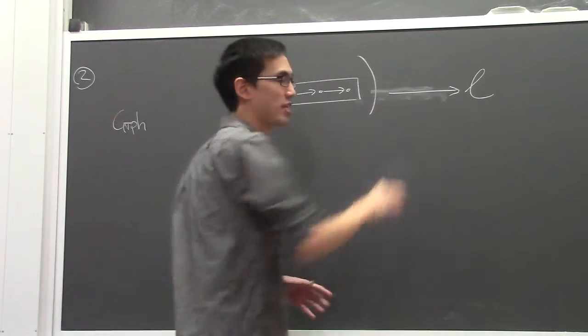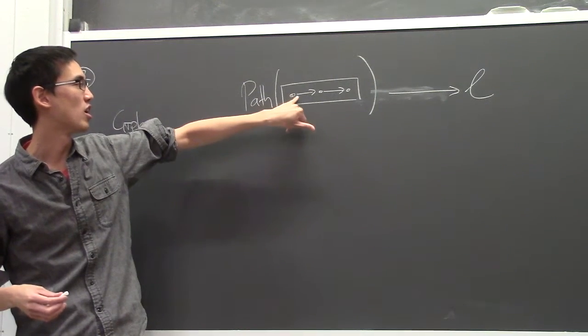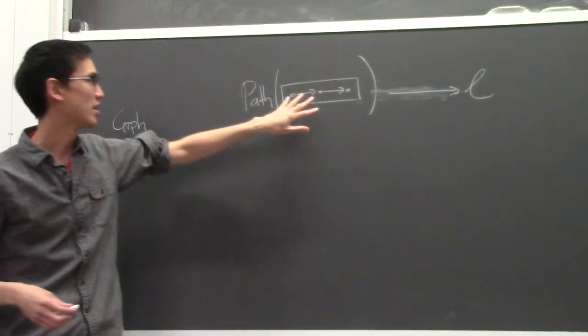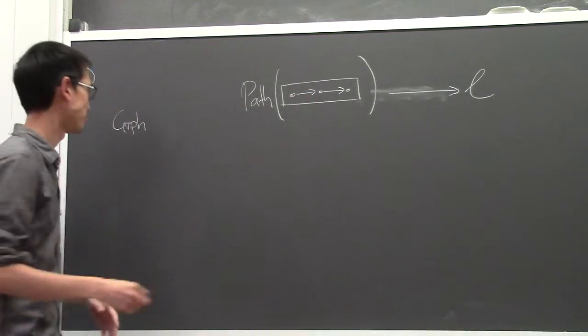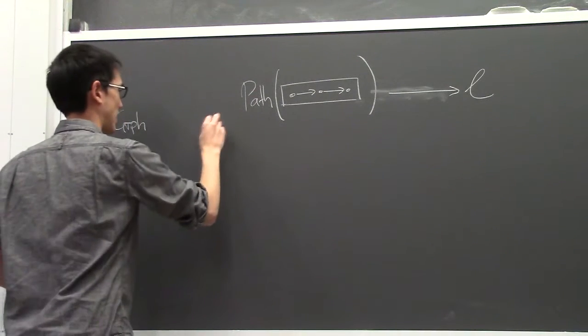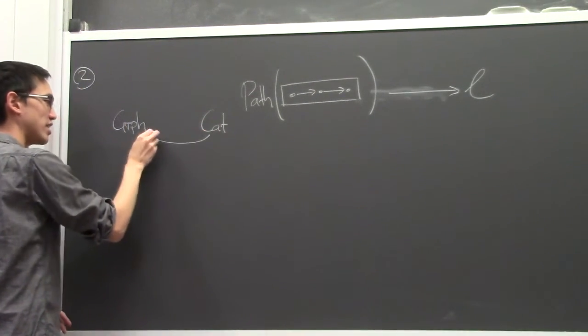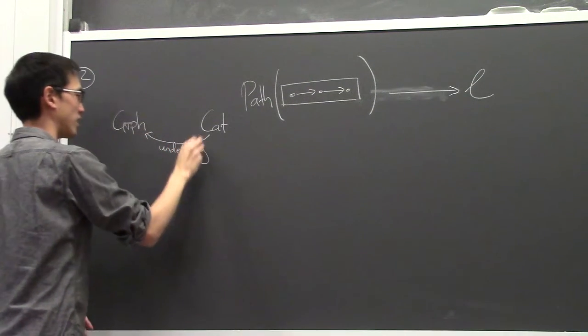Or every category can be considered as a directed graph where the vertices of the graph are the objects of C, and the arrows are just the morphisms, and we just forget about the composition property. So that means that there's a map from the category of categories to graphs that takes, again, this notion of an underlying graph.